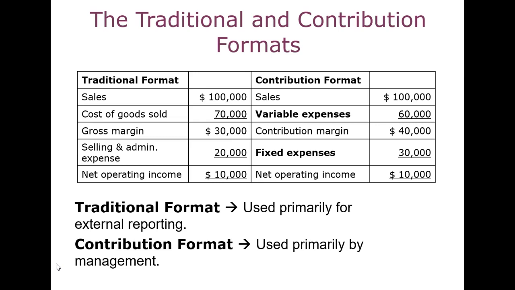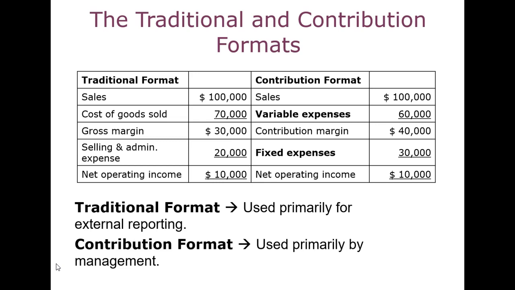Now on the right you see something called the contribution format. This is sometimes called the contribution margin format, means the same thing. You still see sales, the same number, but here we have variable expenses, as opposed to the left, where you see cost of goods sold. On the right side of the chart here, we divide our cost between variable and fixed. So we list variable expenses, subtract those.